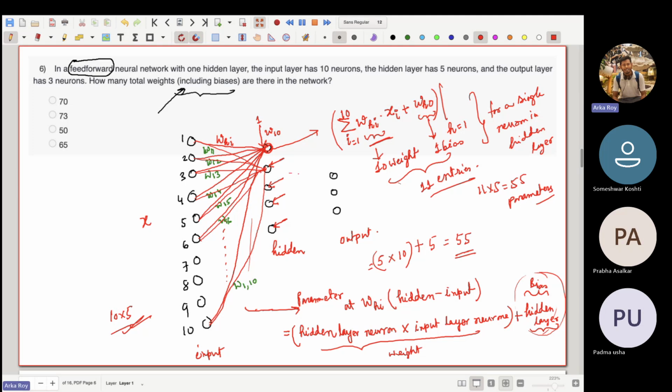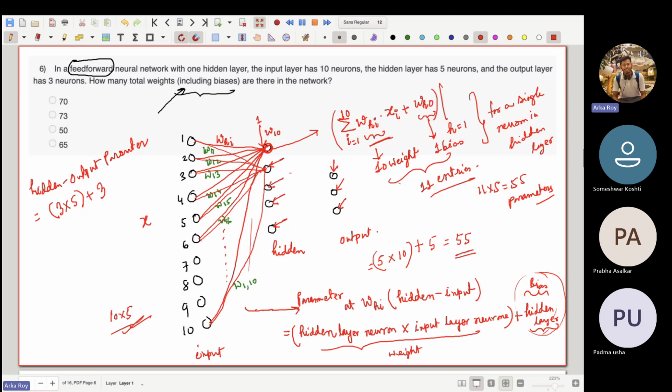Now we also have to calculate in between hidden and output. So we have got the formula. So hidden to output parameter is equal to, in output we have 3 nodes, in hidden we have 5 nodes, and we have to consider the bias as well. So for each of the neurons or nodes, we need 1 bias.